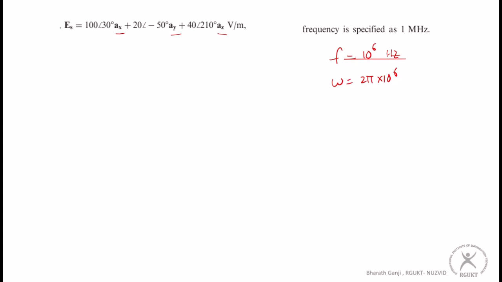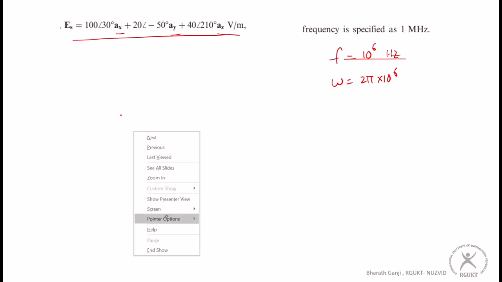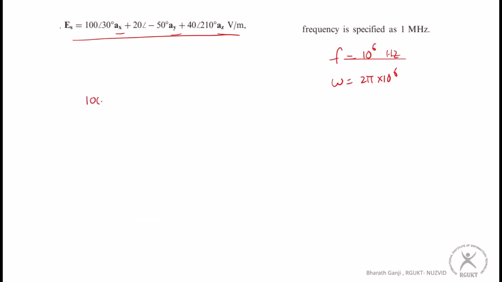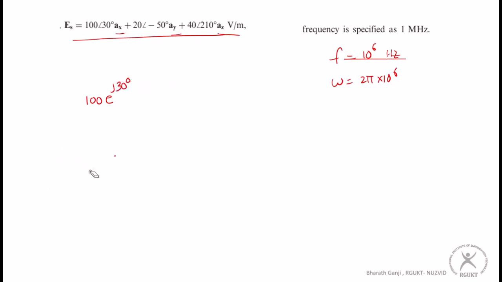The simple thing is you take this electric field equation, and whatever electric field you have, you multiply it with e power j omega t. 100 at an angle can be written as e power j 30 degrees, x cap, plus 20 e power minus j 50 degrees, plus 40 e power minus j 210 degrees.